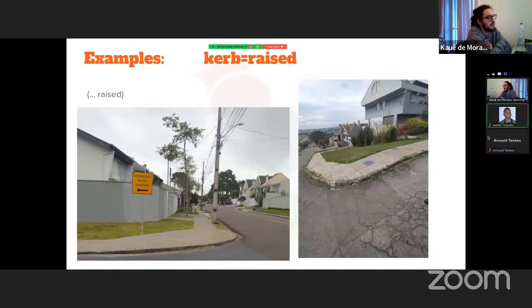And the classic and very common curb raised is when you don't have any kind of ramp for accessibility.